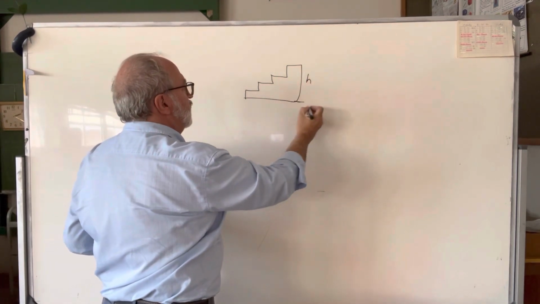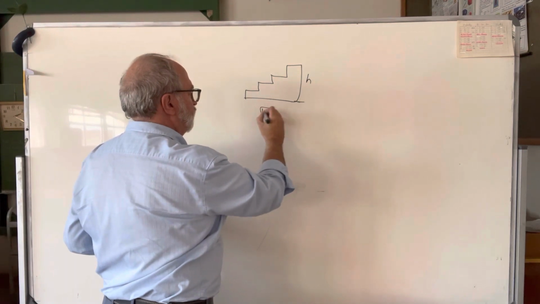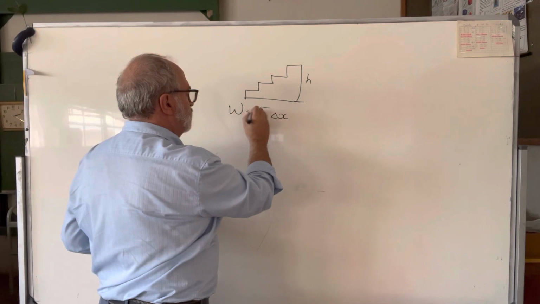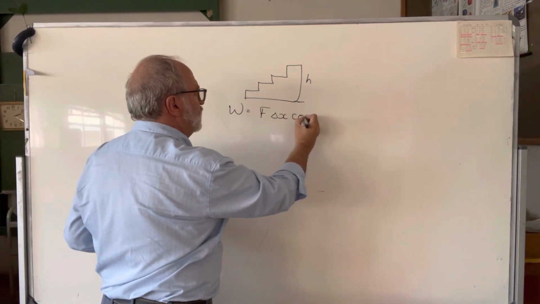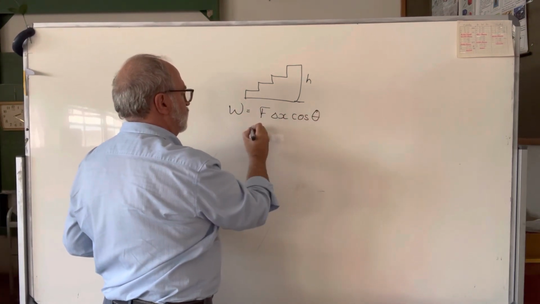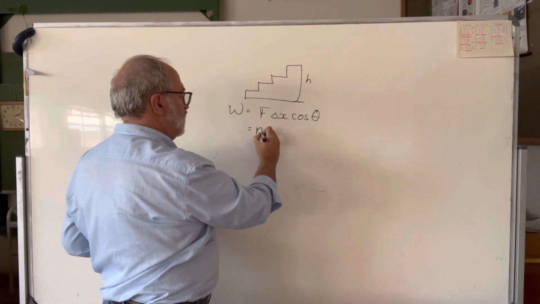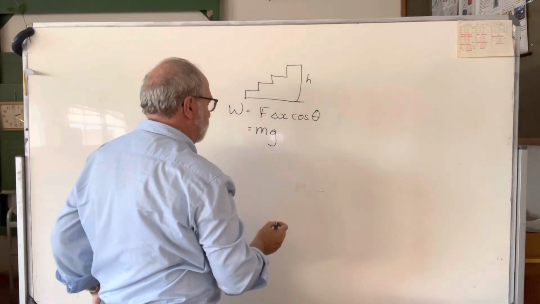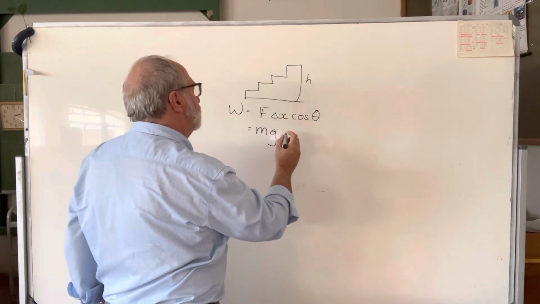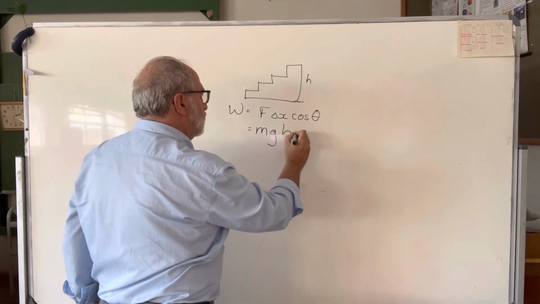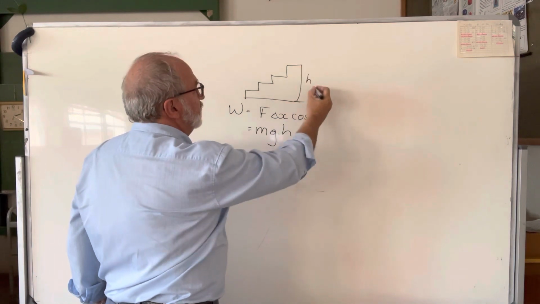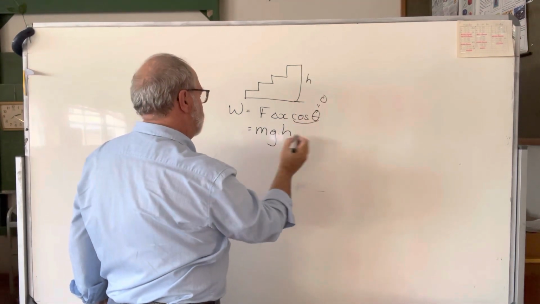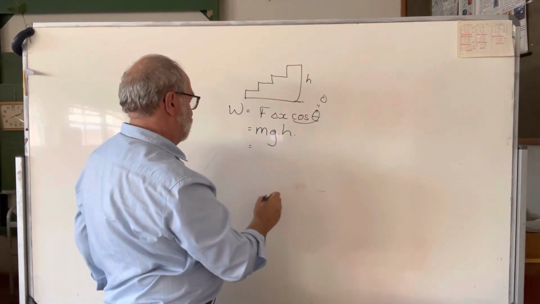The work done is F delta x cos theta, where F is mg, the mass of the guy times the gravitational acceleration, maal die hoogte, maal cos theta. Theta is 0, so daai ding is 1. So the work done is just mgh.